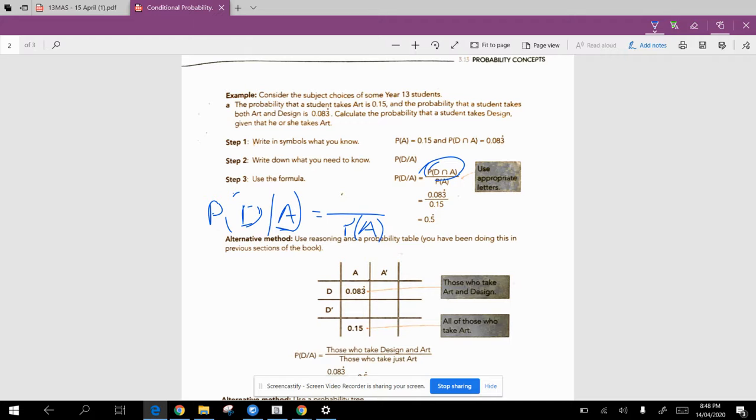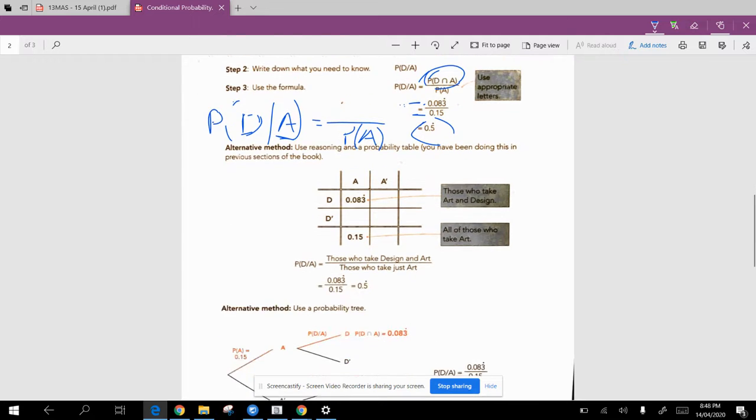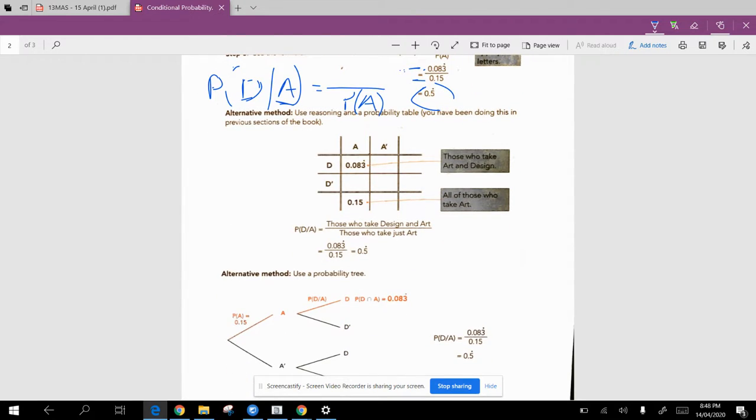So that's where the 0.083 here comes from, the probability that they take both. And now because we're doing it just out of the students that take art, you have to divide it by the probability that they take art, and therefore we end up with that probability there. You can also do it by doing the table, which some people do.